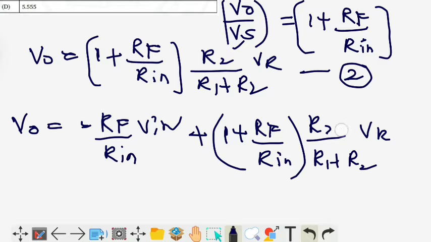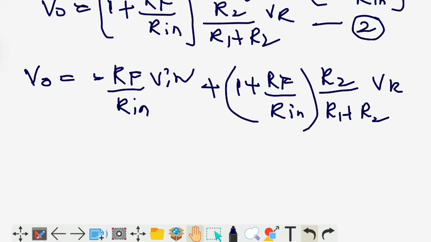So now this is the output equation for this op-amp.